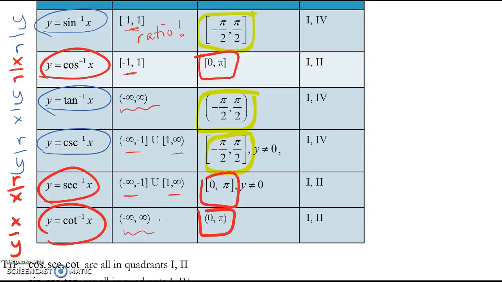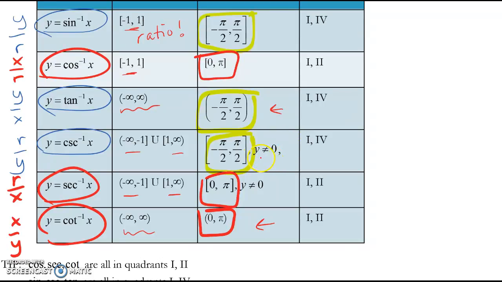So even though this chart looks a little overwhelming when you first look at it, it's everything that we've already memorized. And when you try to remember with the ranges which one of the functions have parentheses instead of square brackets, think about which graph has the asymptotes that begin and end the interval? And that would be our tangent graph and our cotangent graph. So that is why those functions have the parentheses at the beginning and the end.